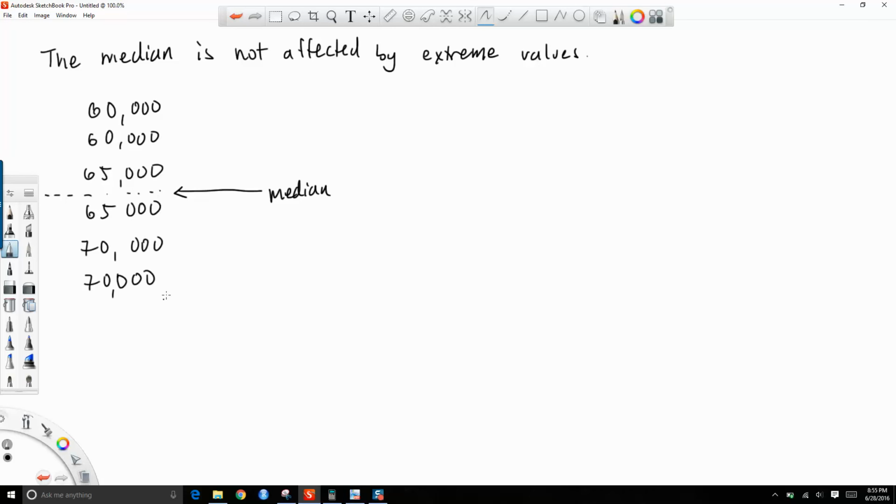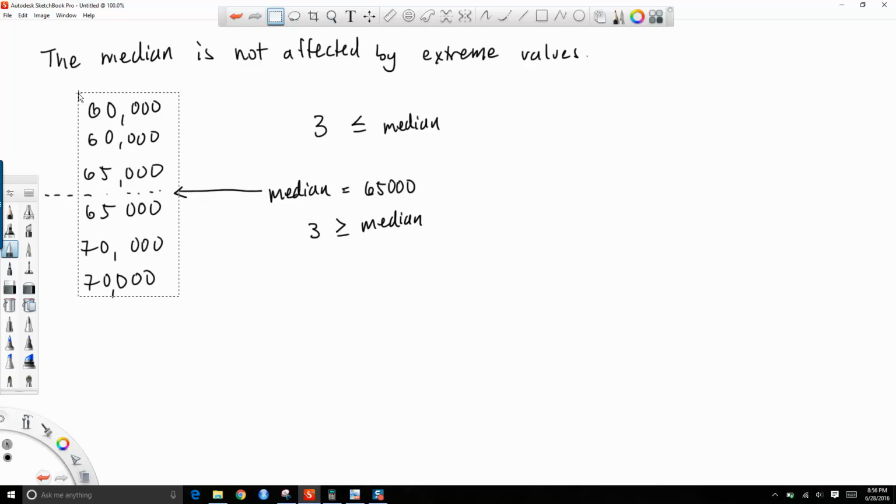We have 6 people, 3 have less than or equal, and 3 have greater than or equal, so we have 65,000. That is the diner with 6 people.